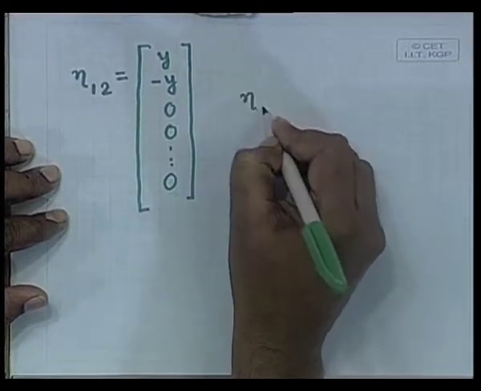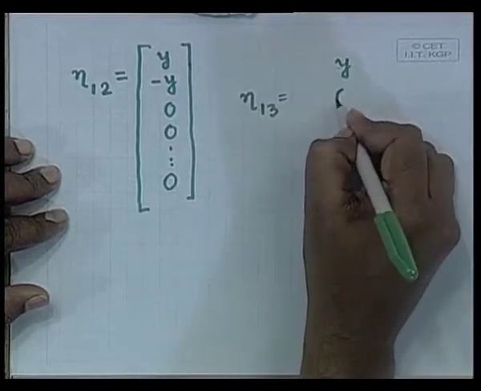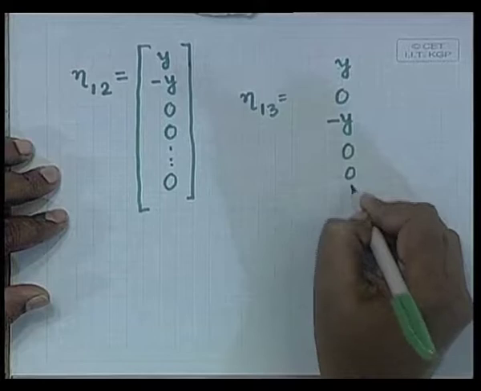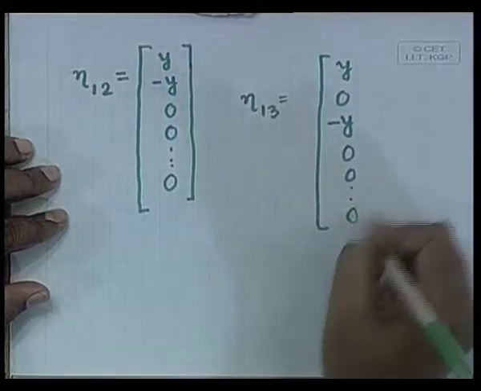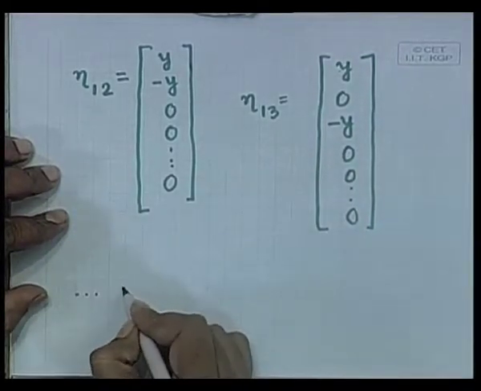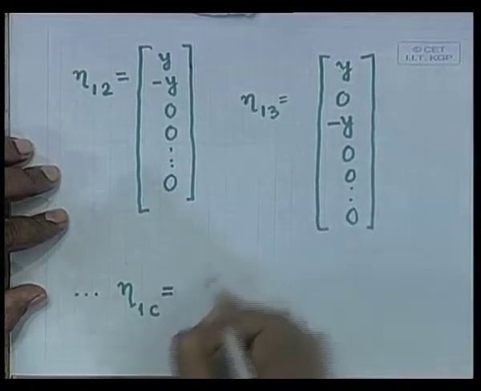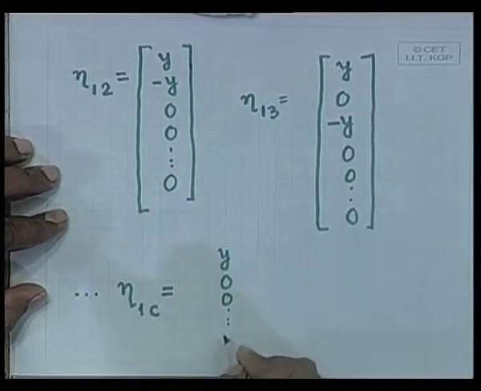Eta 1 3 is y, 0, minus y, 0, 0. It will continue like this. Eta 1 c is y, 0, 0, 0, minus y.